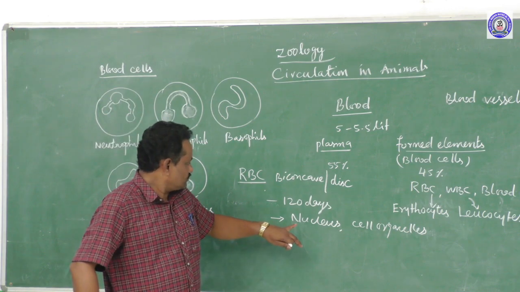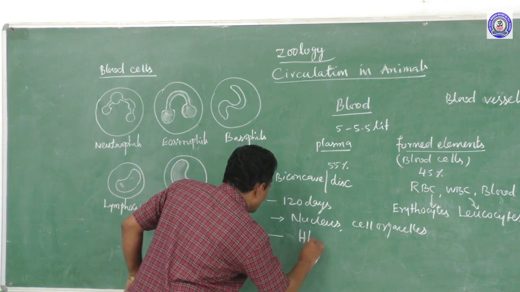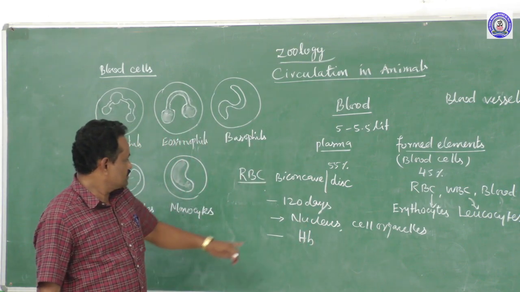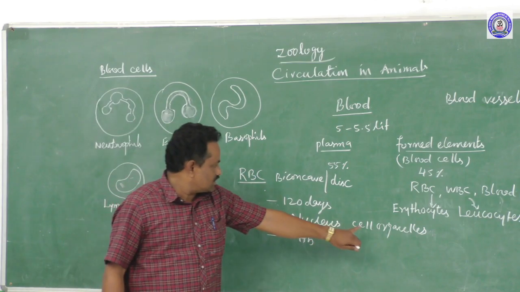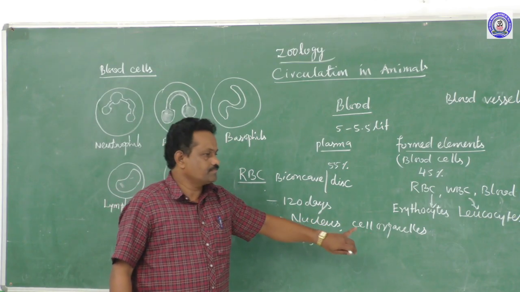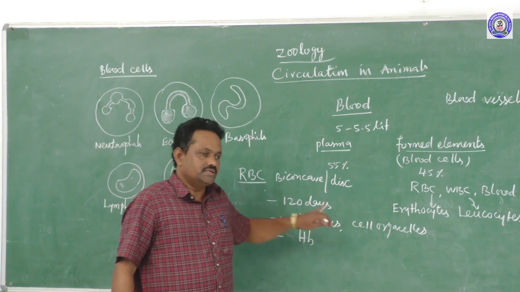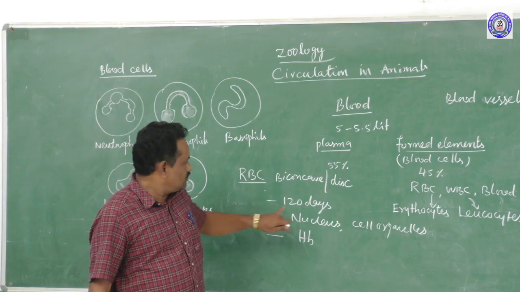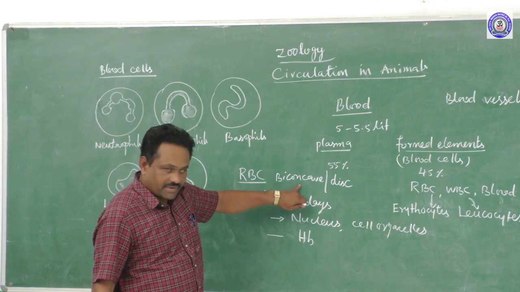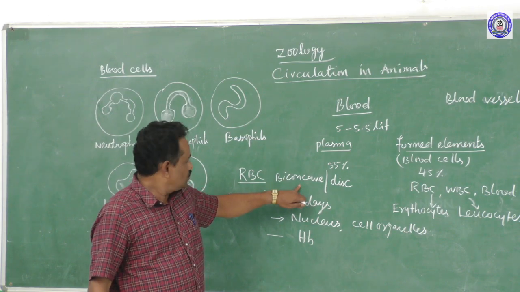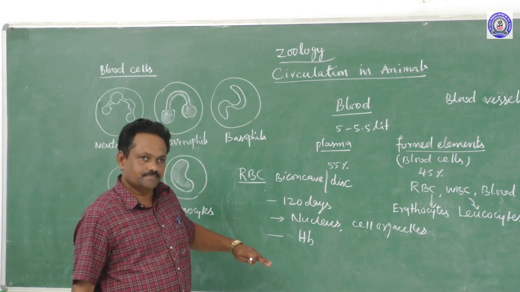Here, to accommodate more amount of hemoglobin, the nucleus and organelles are absent, and the RBC cells are biconcave in shape so that they can easily flow inside the blood vessels.